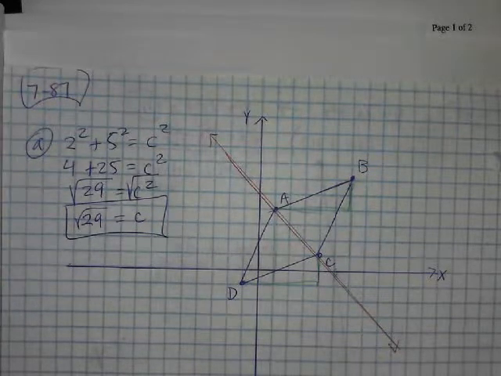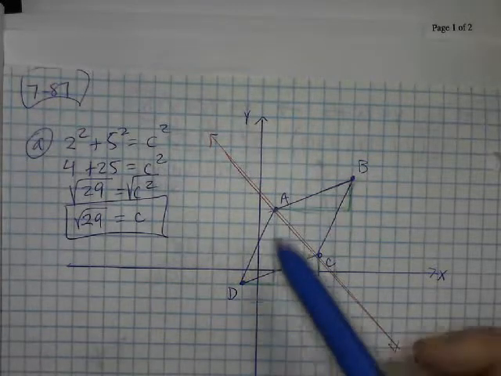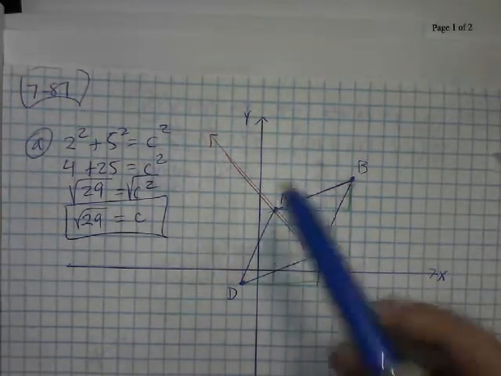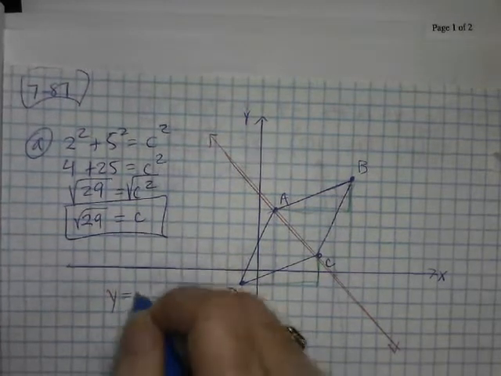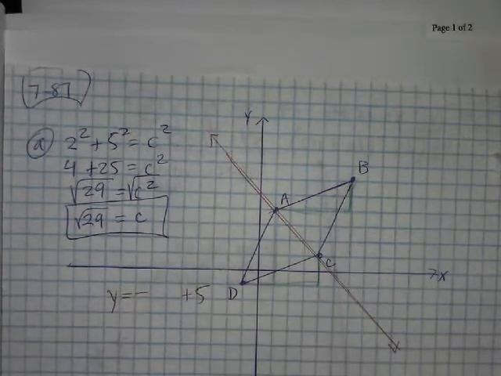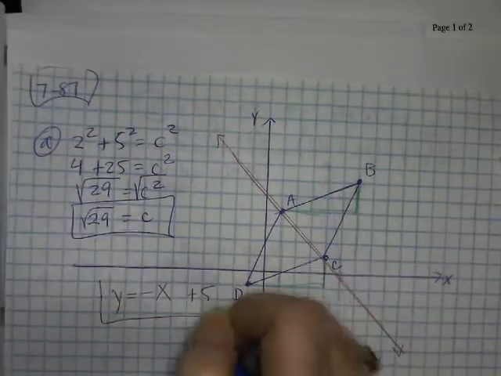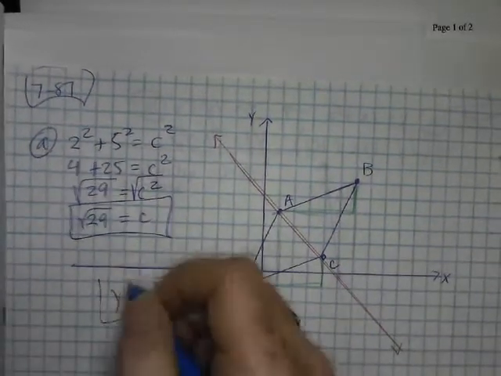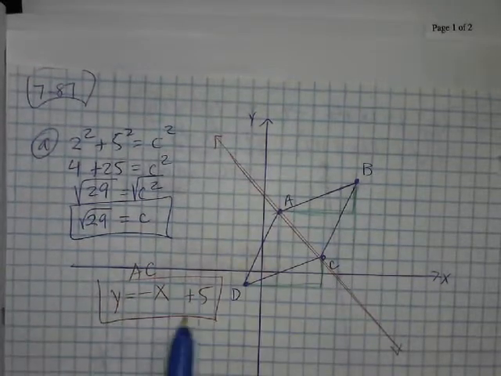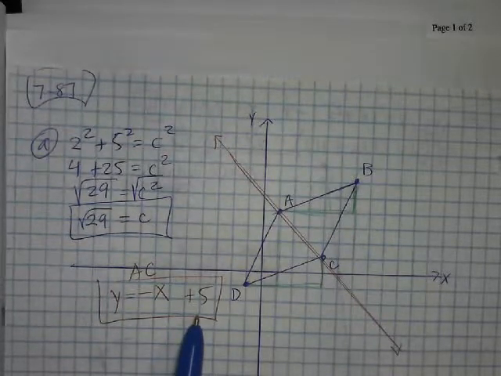Sandy. You get the y-intercept at 5, and it's going down to negative 1. You think it's negative 1? Yeah, it looks like it. Good. So I think that the equation of AC is right here, negative x plus 5.